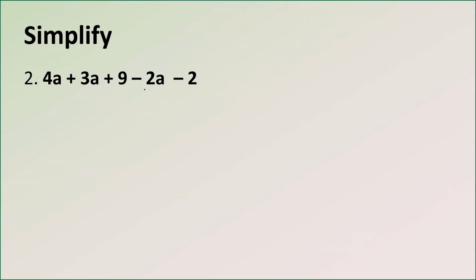Here's the second one. We have 3 a terms and constant terms. Let's write all the a terms first and the constant terms later. When you're adding terms, you can add 2 at a time. 4 plus 3 is 7, and then minus 2a, 9 minus 2 is 7.